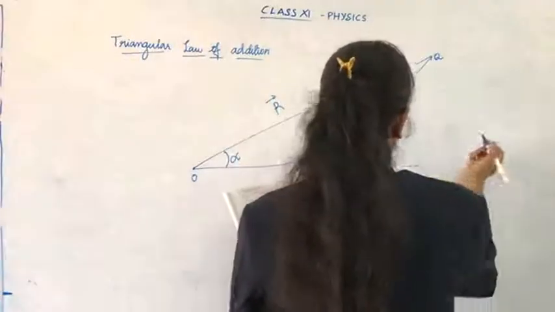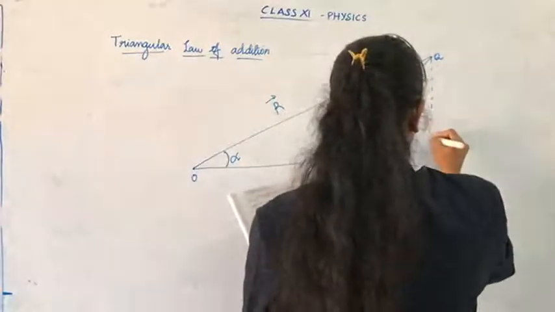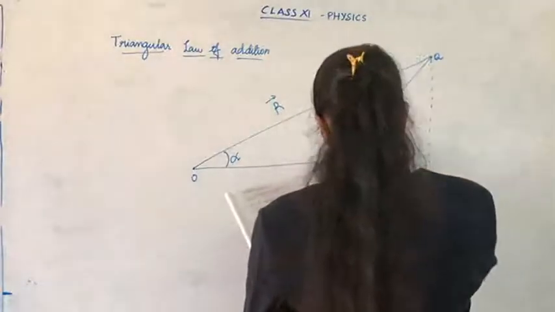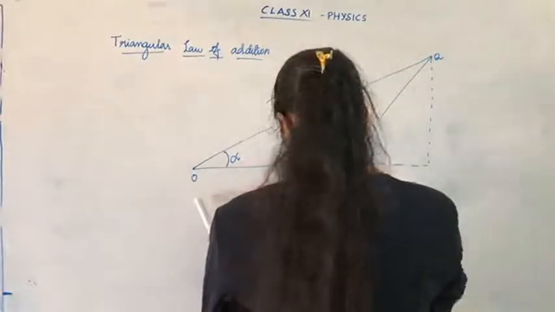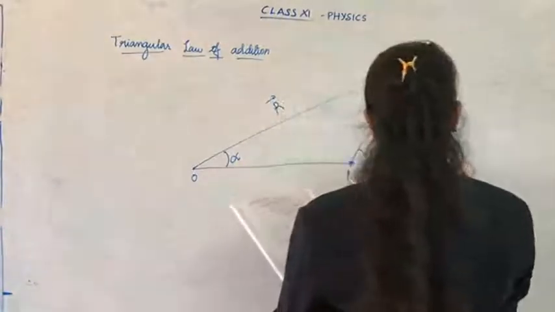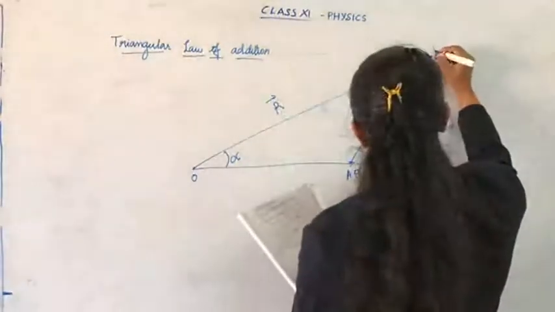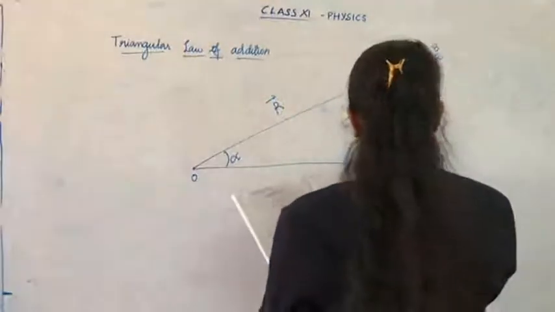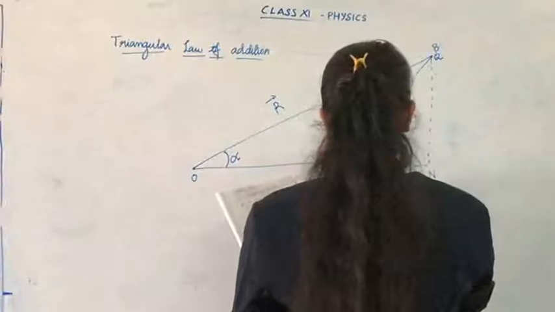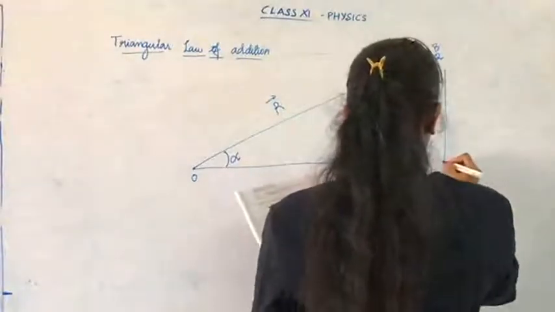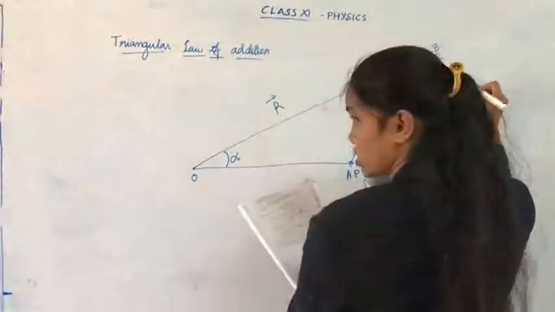Now take another triangle. This angle is theta, and this point is A. This is N. This is B. And here it is B cos theta, and it is B sin theta.